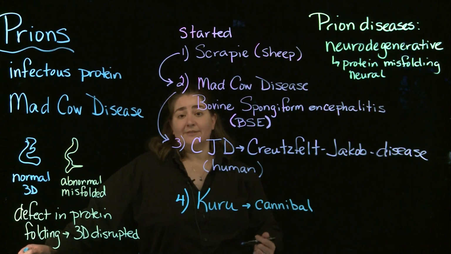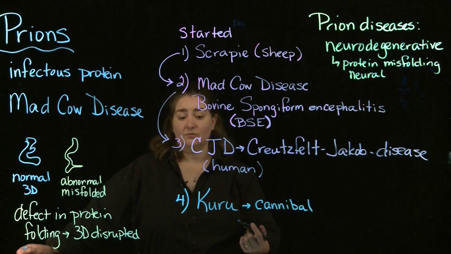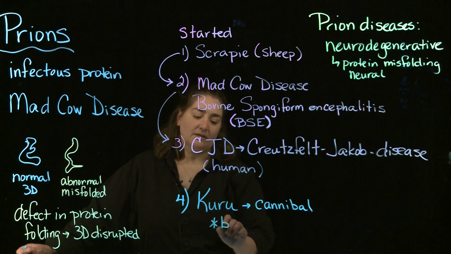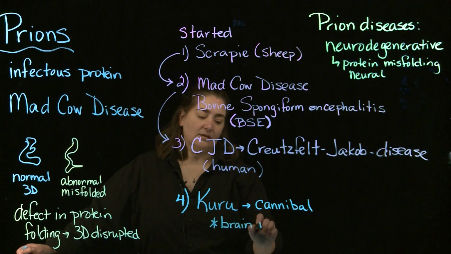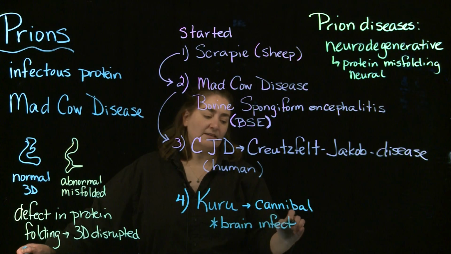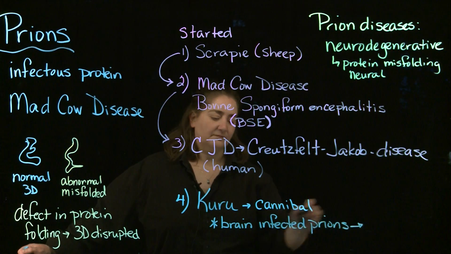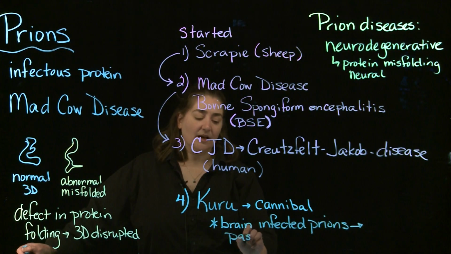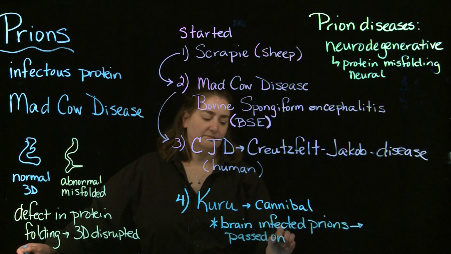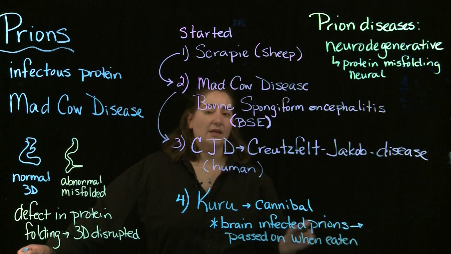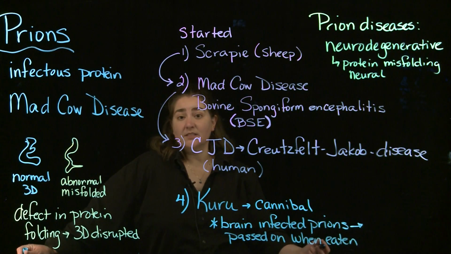So in order to honor their dead, their way of honoring their dead was to eat them, all right, to consume them. And what happened with Kuru, if the brain was infected with the prions, that then got passed on when that brain was eaten by those relatives or people within the tribe, all right?